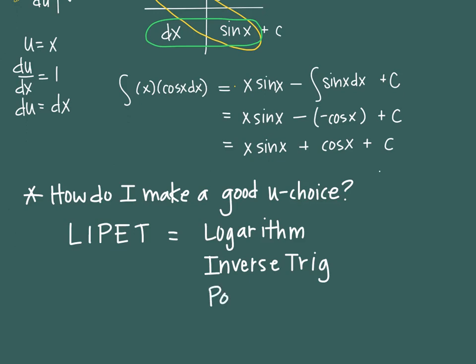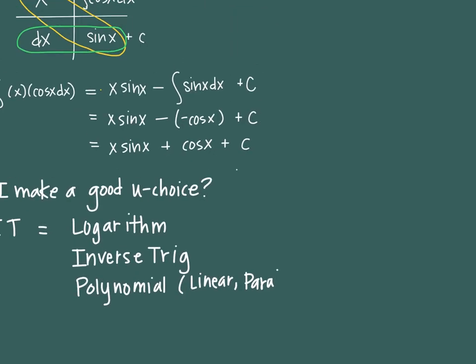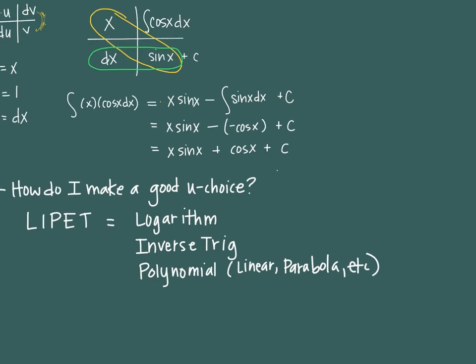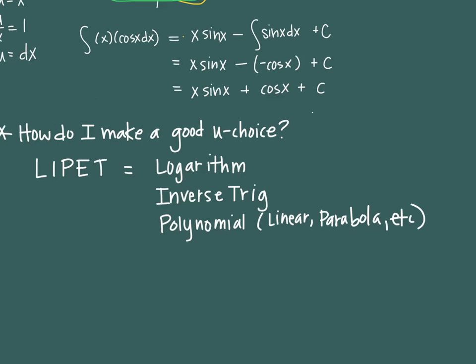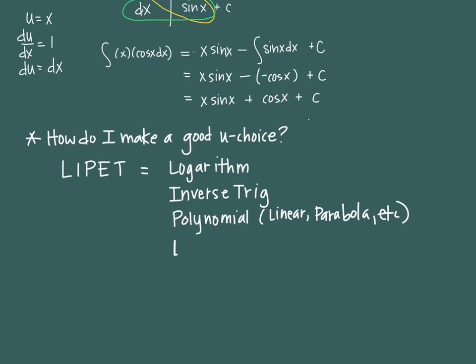P stands for polynomial. A polynomial of any kind. Polynomial could be linear, it could be parabola, it could be cubic, etc. Any of those, which I did have. x in my problem was a polynomial because x is linear, and so I made that choice. That was my u choice. If you don't have a polynomial, then E stands for exponential.